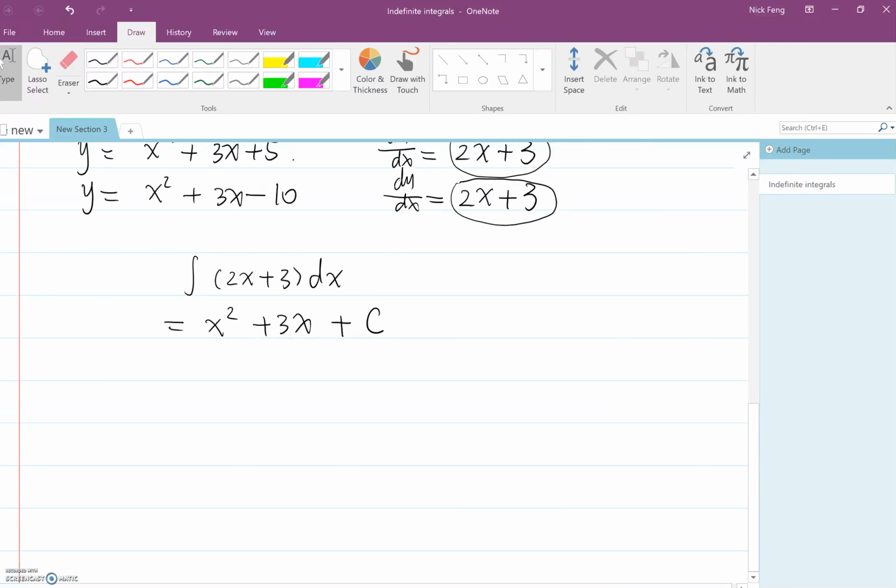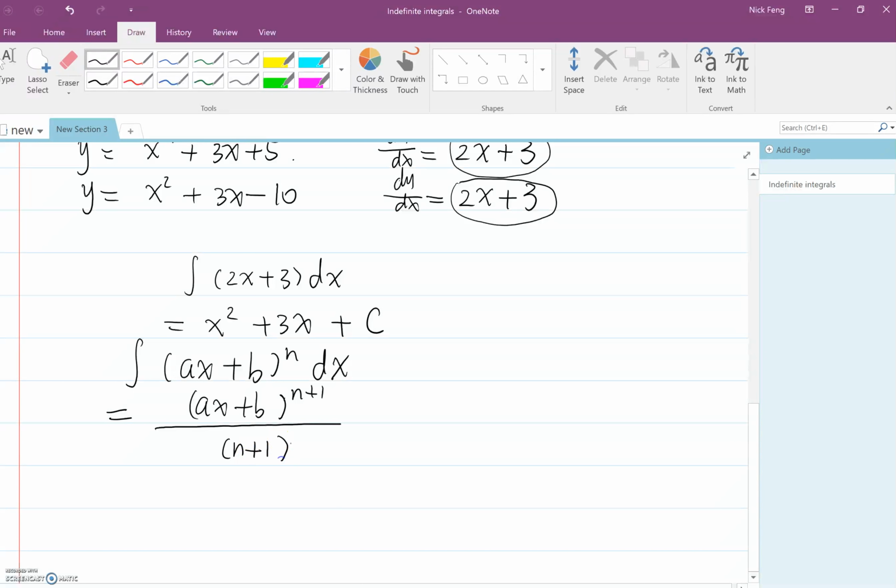However, there's one more thing we need to understand today for indefinite integral, which also applies to definite integral later. If I am integrating a linear function to the power of n, most of us will think simply just add 1 more to the power and divide by the new power.